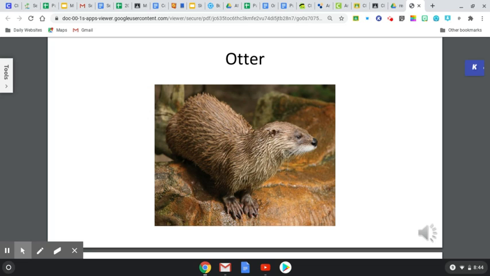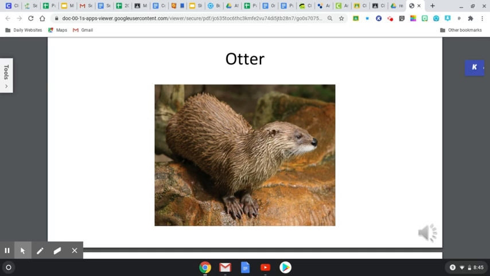Otters live in and around the water. Like badgers, otters also belong to the weasel family. Otters are playful creatures and great swimmers. They are semi-aquatic, which means they spend time in and out of the water, like water rats do. They have brownish fur on their backs, cream-colored bellies, long, strong necks, webbed feet, and a long, flattened tail.